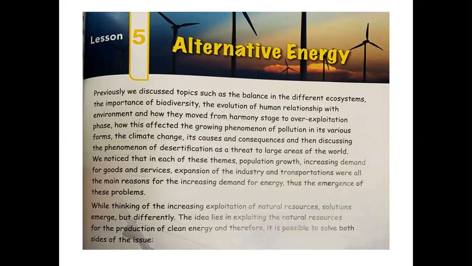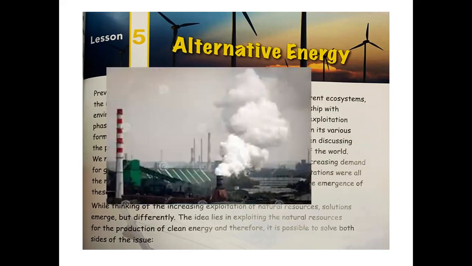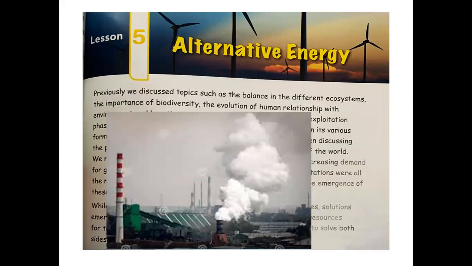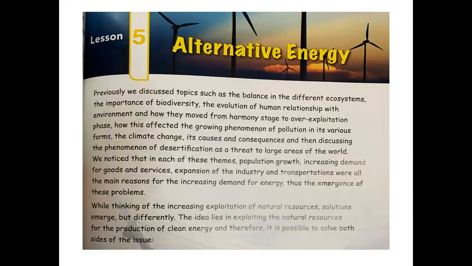So the idea of this lesson is: how can we decrease the amount of pollution being made, or the waste of materials, due to production in those factories and industries? That's mainly because of the fuel that they use. So how can we reduce that amount of pollution in the environment by using alternative ways of obtaining energy?